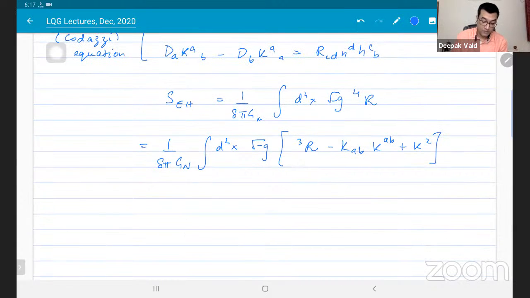Okay, so now what we have managed to do is express almost all the quantities on the right hand side purely in terms of variables which are defined on the spatial hypersurface, right?